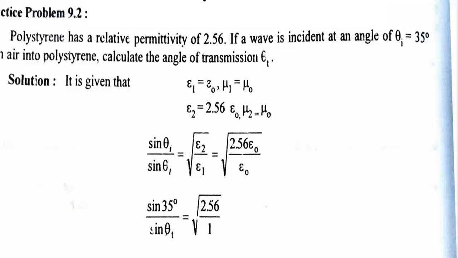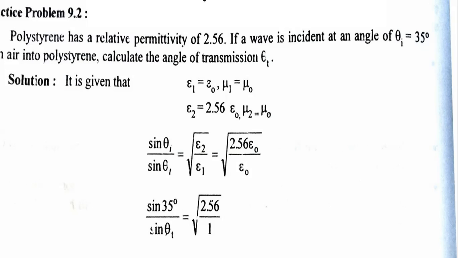For the other medium, epsilon 2 is equal to 2.56 epsilon 0, because the polystyrene has a relative permittivity of 2.56. Similarly, mu 2 is equal to mu 0, as it is.